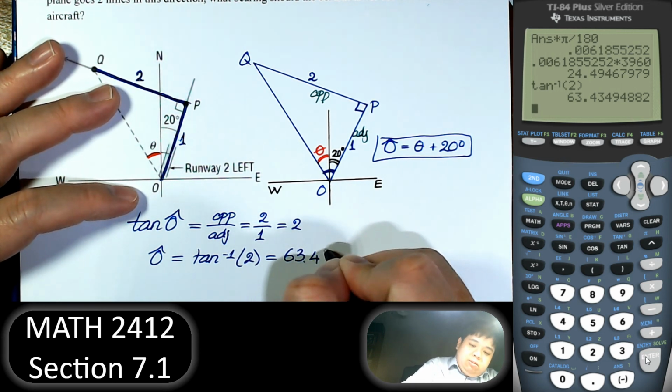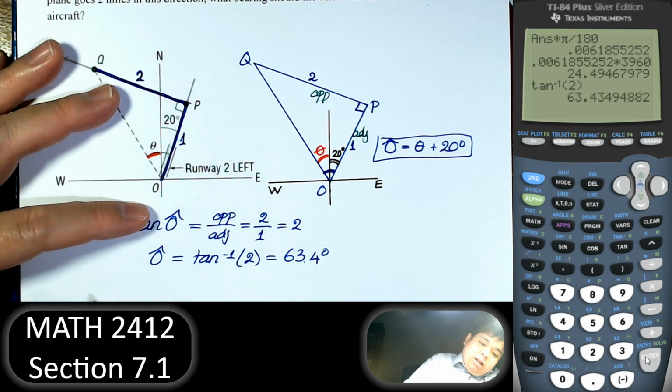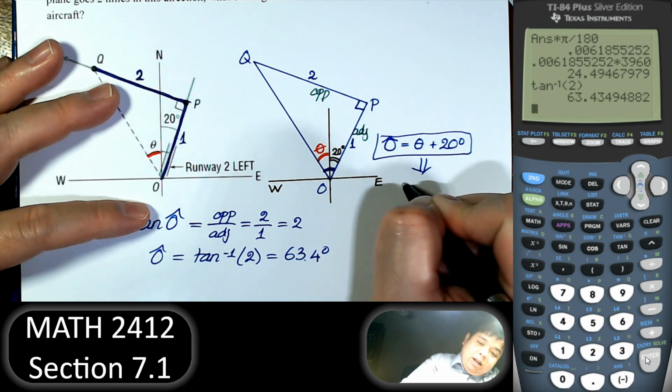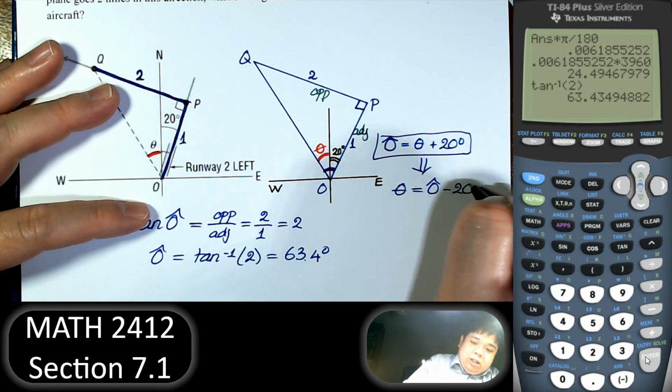And then we subtract 20 degrees to get theta. So theta is equal to angle O minus 20 degrees.